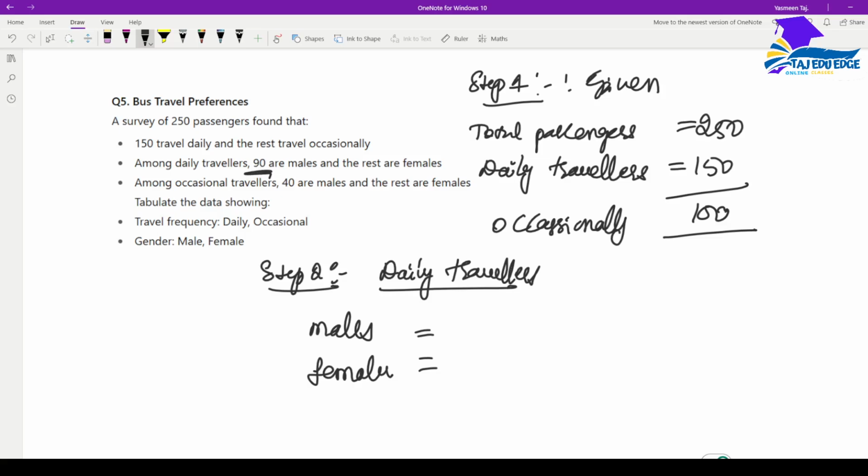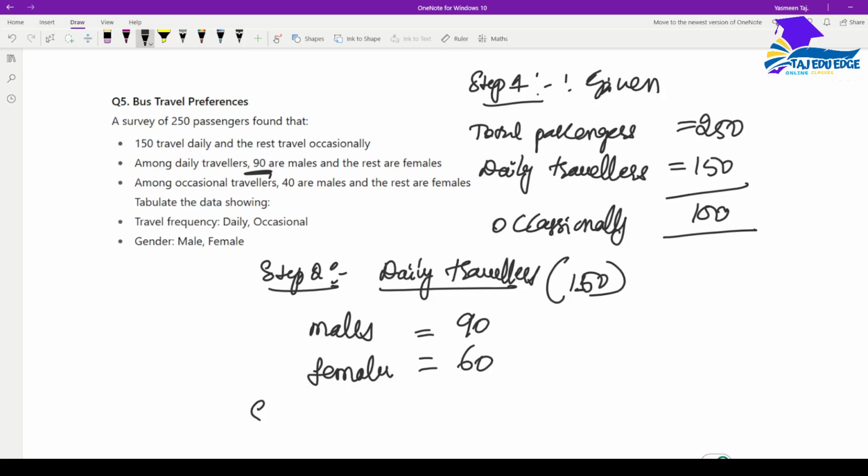Among daily travelers, 90 are males, the rest are females. Total daily travelers are 150. Out of that, 90 are males, so how many are remaining? 150 minus 90 is 60. So 60 are females.